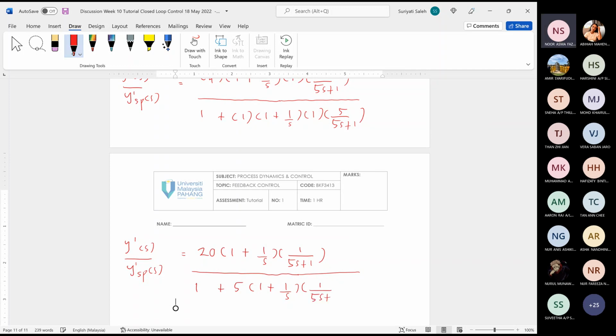All right, so this is the value substitution.